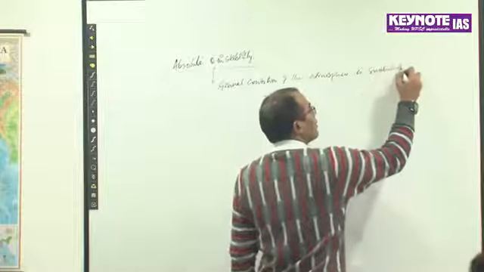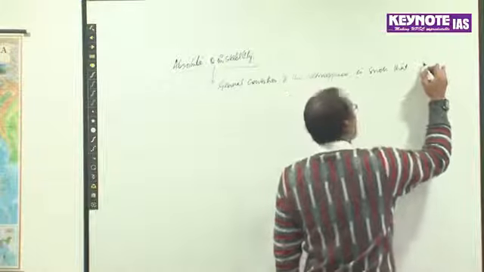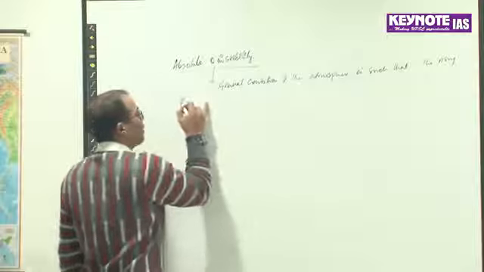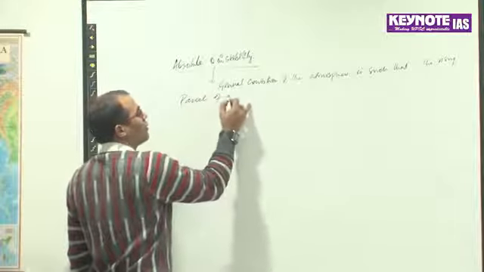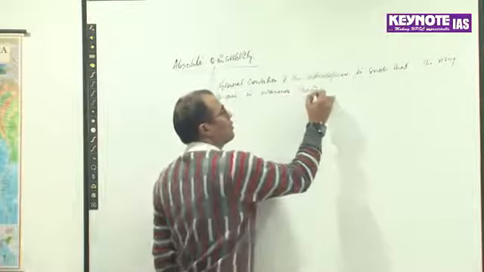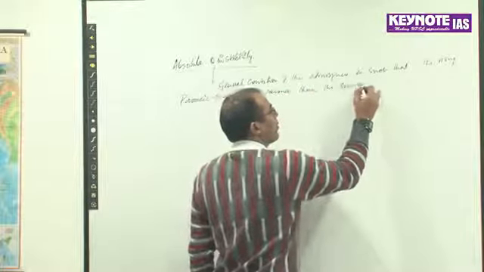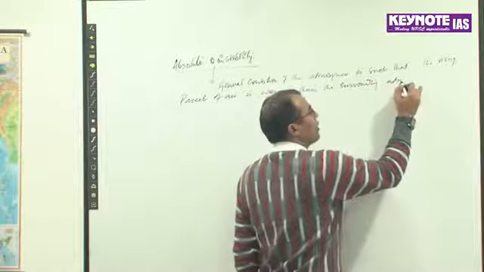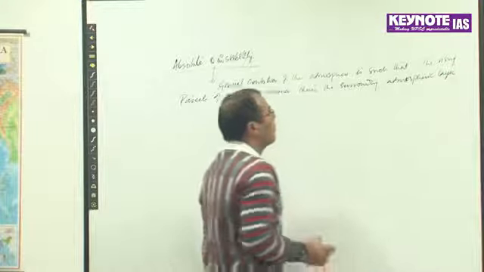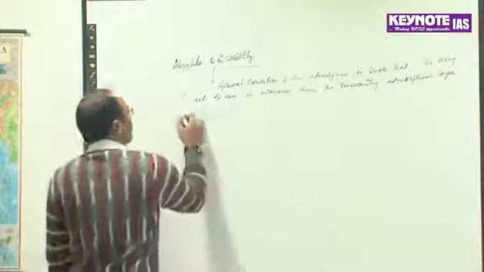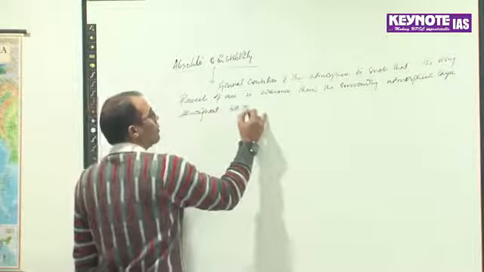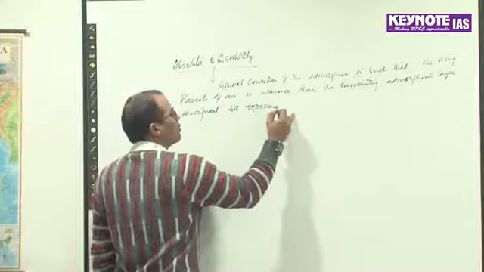Such that the rising parcel of air is warmer than the surrounding atmosphere or atmospheric layer throughout till the tropopause.